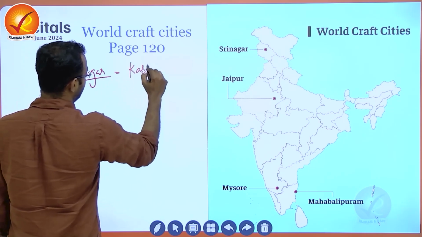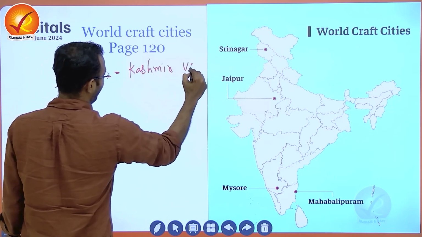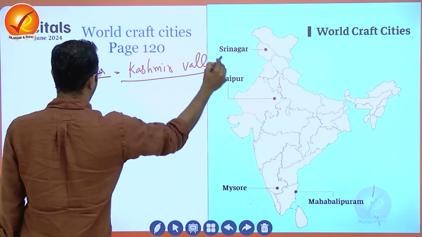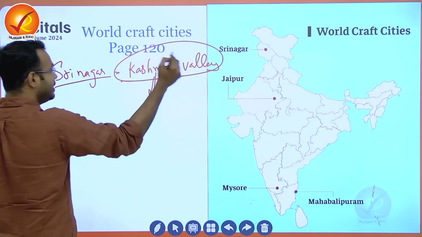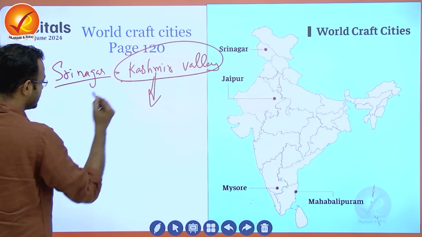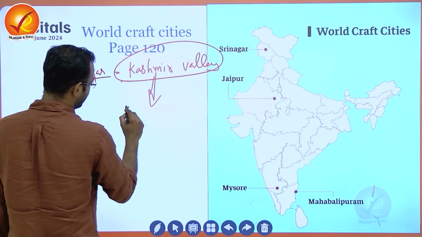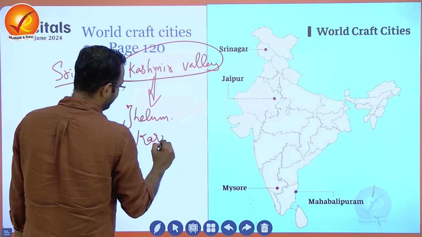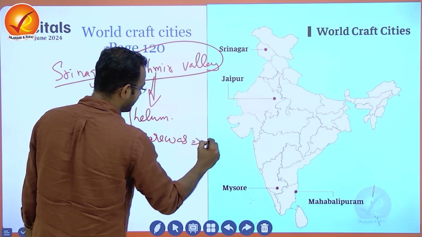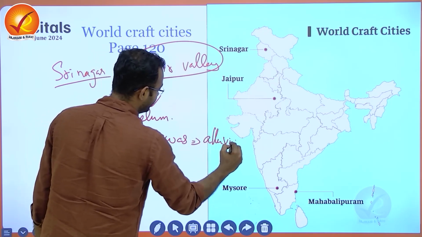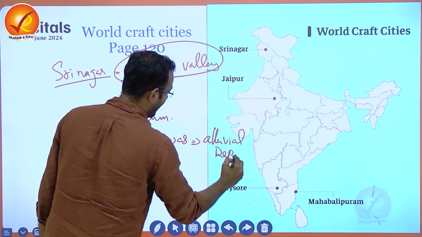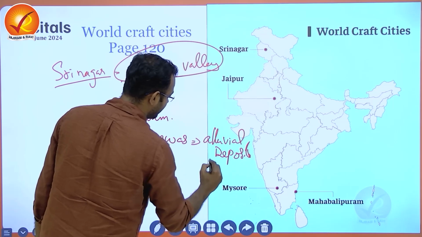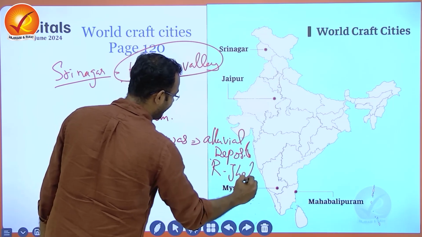in the Kashmir Valley. The Kashmir Valley is associated with geographical features, with river Jhelum flowing in the Kashmir Valley. We do have Karewas, alluvial deposits of river Jhelum.